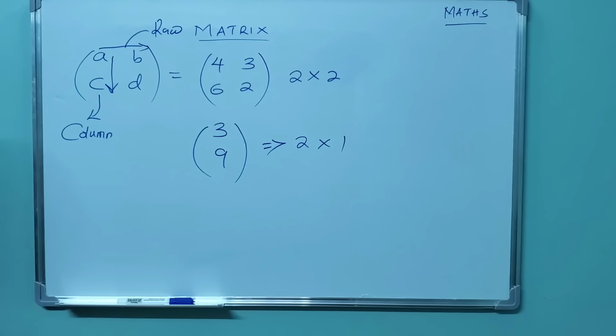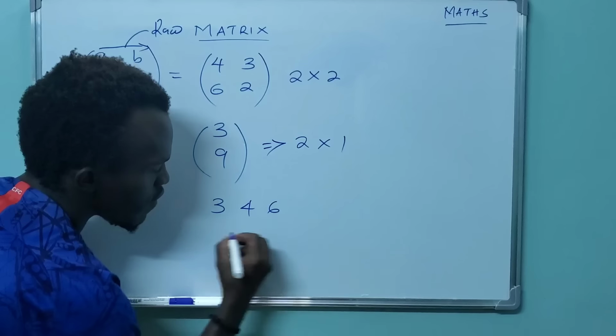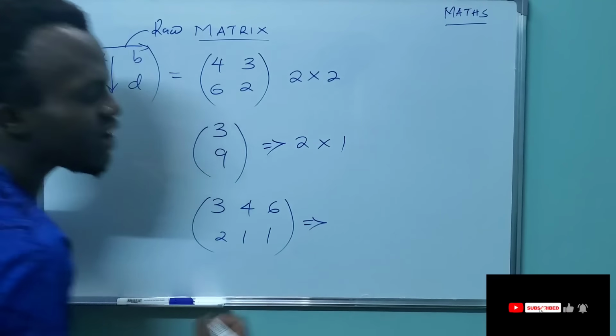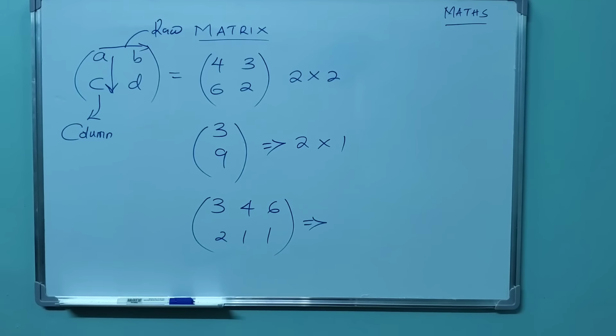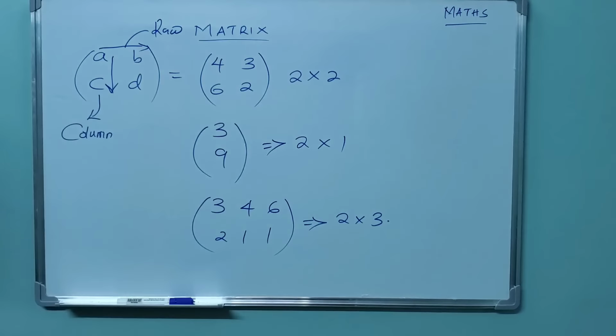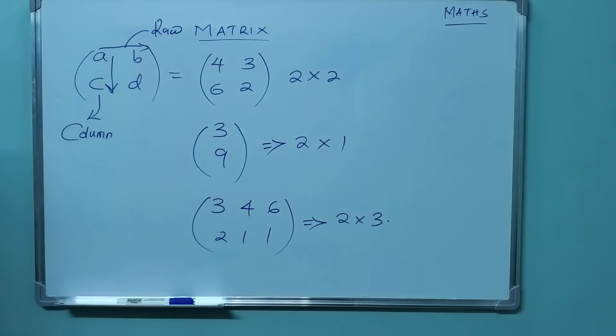We have another type of matrix, which is maybe 3, 4, 6, 2, 1, 1. There are quite a number of examples of matrices. That type of matrix is a 2 by 3 matrix, which means it has 2 rows and 3 columns.